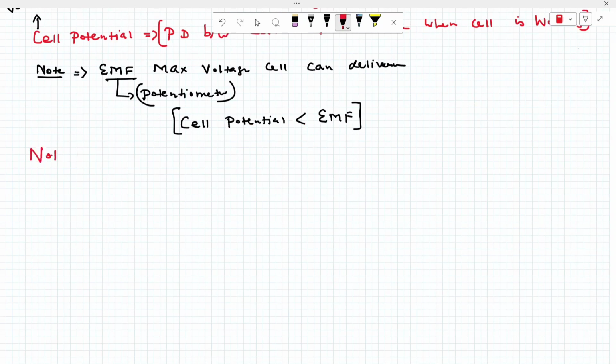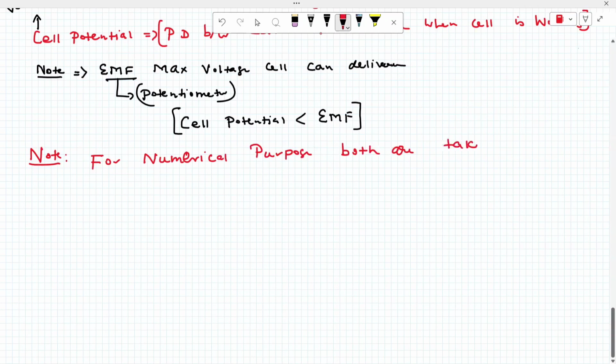Next very important one, from the exam point of view, please note. For numerical purposes, both are taken to be the same. Very simple. What is the formula now?